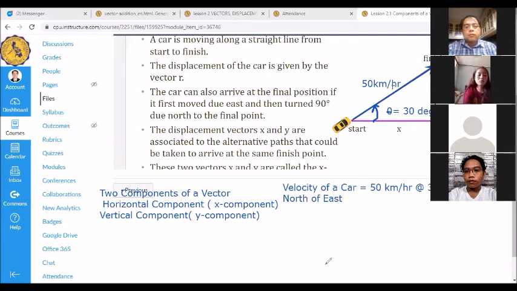I can call this x and y component as vx, and this other end as vy. So vx and vy are my horizontal and vertical components. So basically, this is a triangle where this one is your v value, and these are the components of your v.